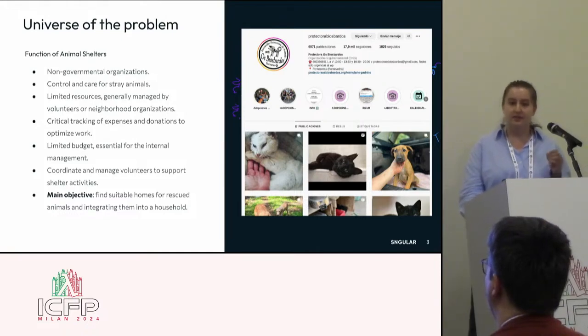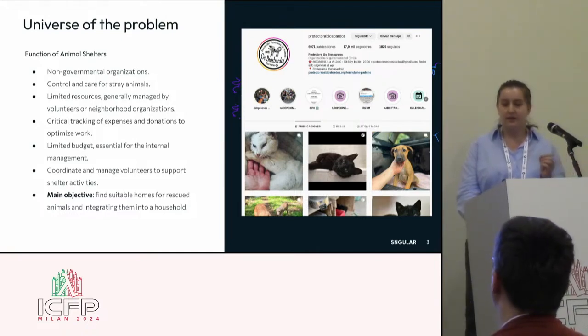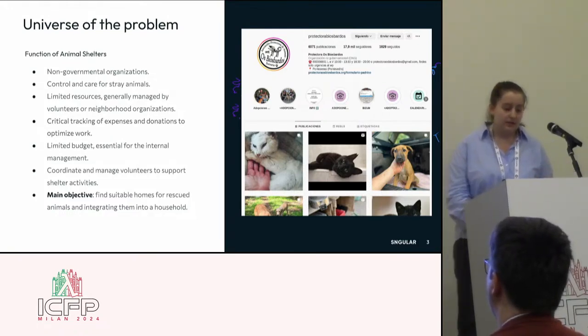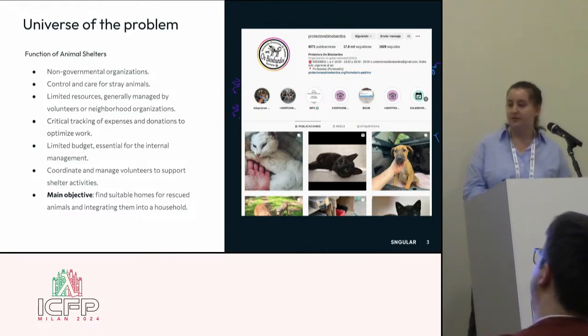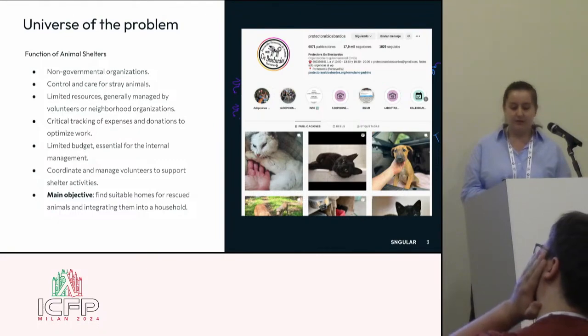They have a physical shelter, and sometimes people who collaborate with them as foster people and foster owners. They need to take care of a lot of different animals, so they need to track all the expenses.